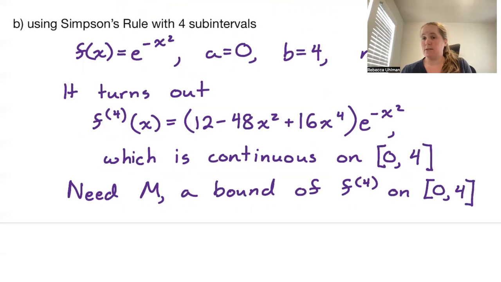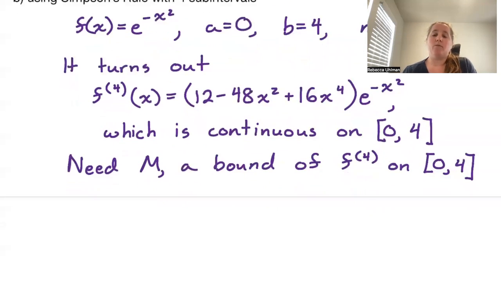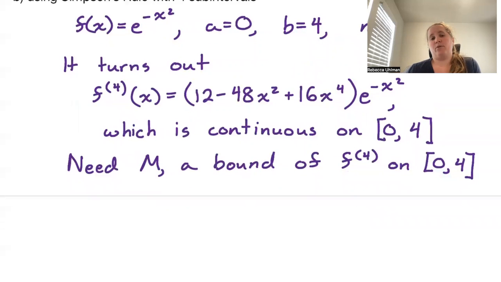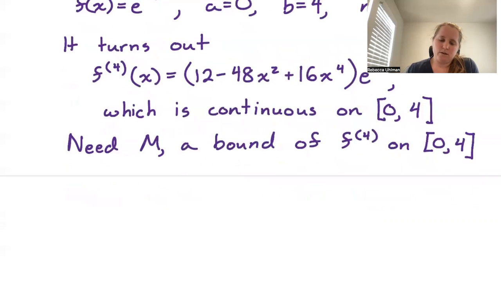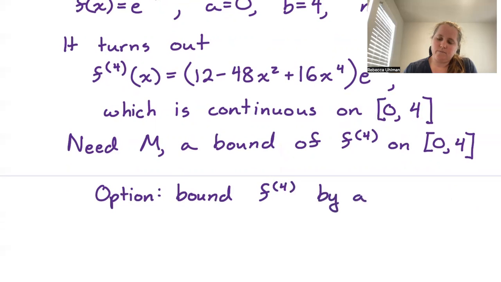So option 1 is to do the direct calculus approach, which we just did in the previous bound calculations. Option 2 is to bound that fourth derivative by another function.